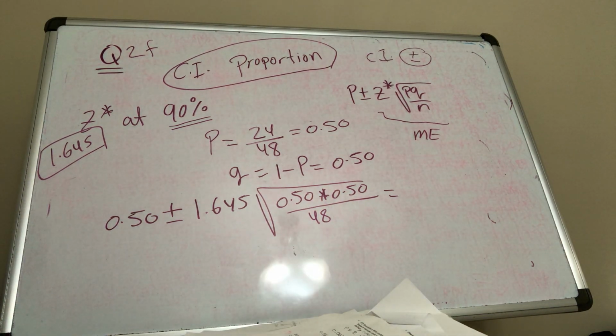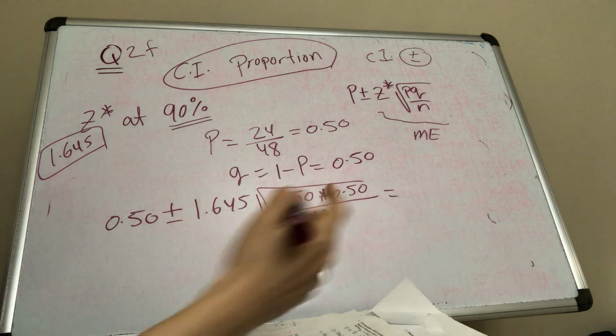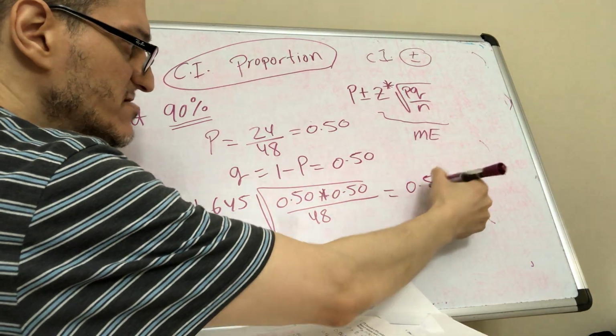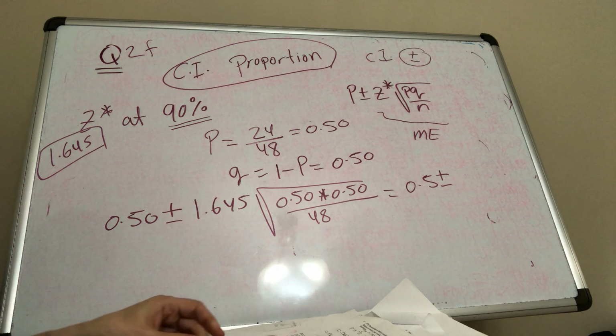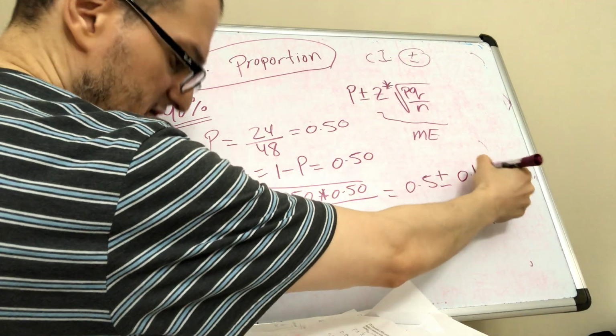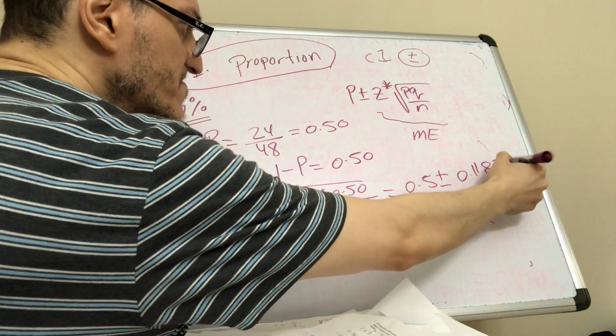So we put everything in the formula. Now we do it in two steps. So 50% plus or minus, we do the margin of error. The margin of error in this case is .1187.